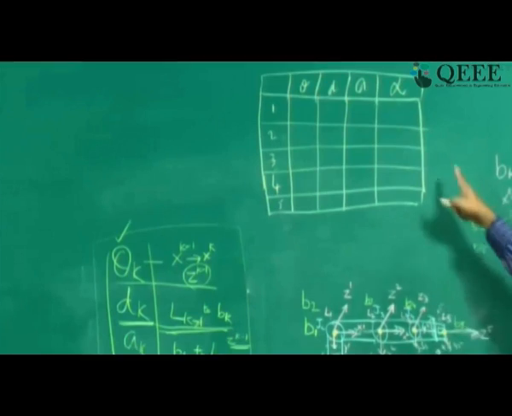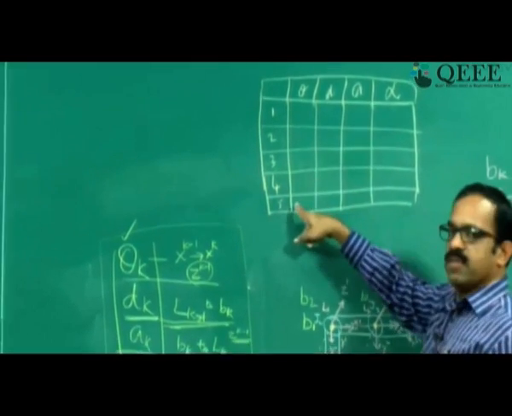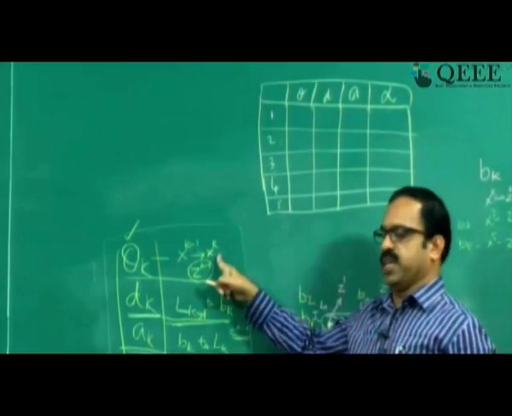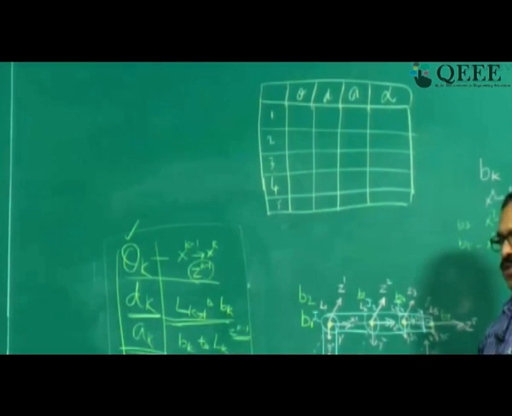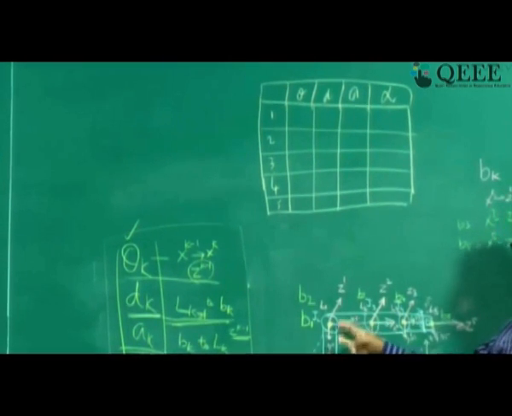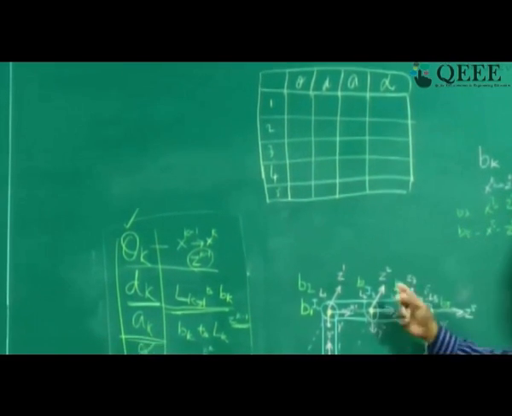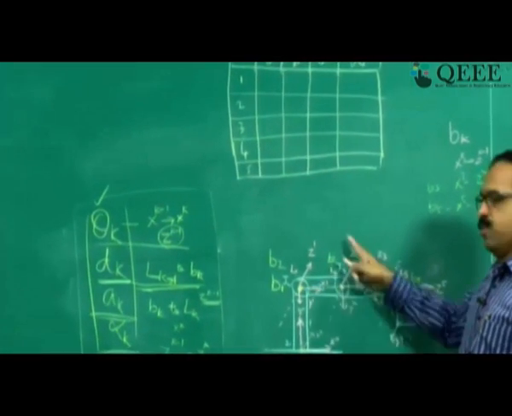Because this is a 5 degree of freedom manipulator, you will have 5 into 4, 20 parameters. Theta is the joint parameter, a variable measured from xk minus 1 to xk. So what is the angle between x0 and x1 with respect to z0? How much does it have to be rotated? Since it's a variable, it changes depending on the joints.